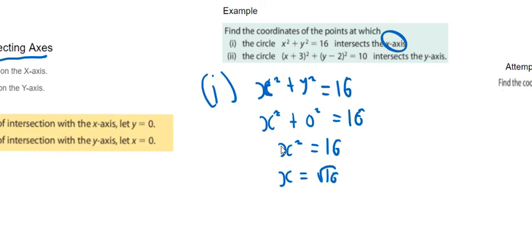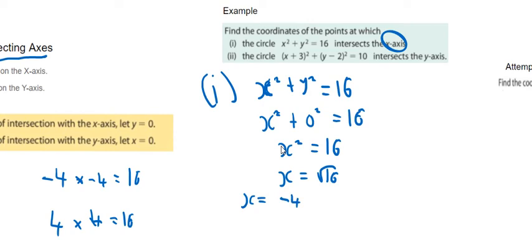Now, if you didn't remember, the square root of 16 will actually have two answers, because there are two things that you can multiply by themselves to get 16, and they are -4 and 4, because -4 multiplied by -4 equals positive 16, and 4 multiplied by 4 is positive 16. So there are two possible values for x. x equals -4 or 4.